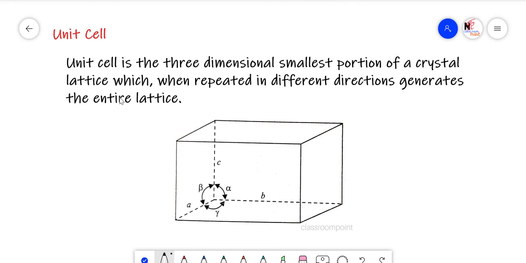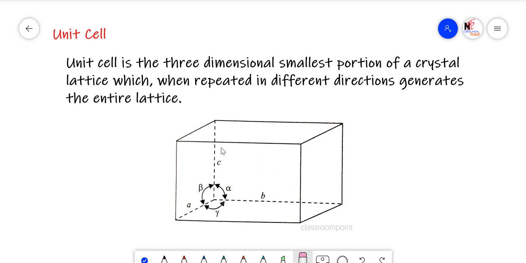Now let us see the unit cell. A unit cell is nothing but the three-dimensional smallest portion of a crystal lattice which, when repeated in different directions, generates the entire lattice. So this is a unit cell.